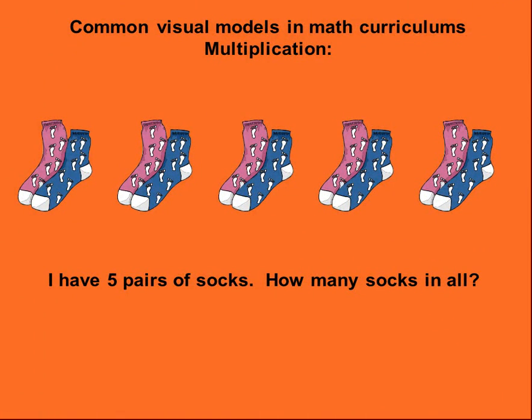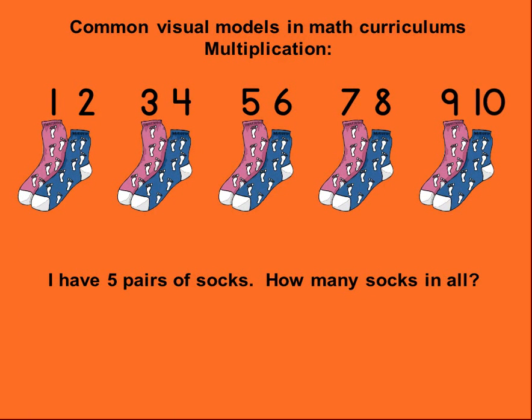Let's look at how multiplication is represented in most math curriculums. Kids can count the socks to find out how many. They can add the groups of socks to find the total. Or they can count by 2s.